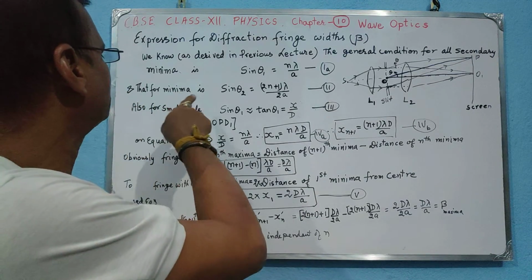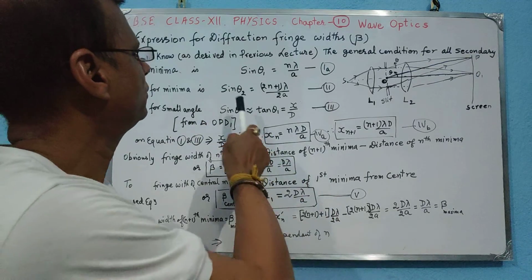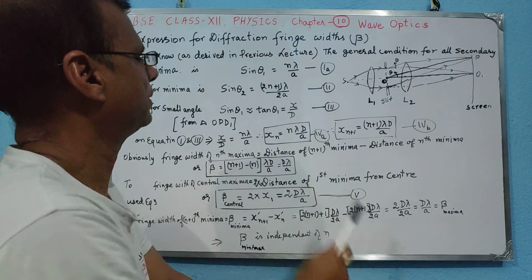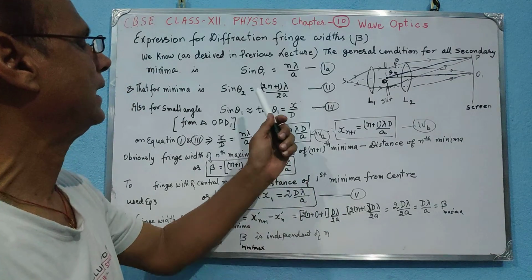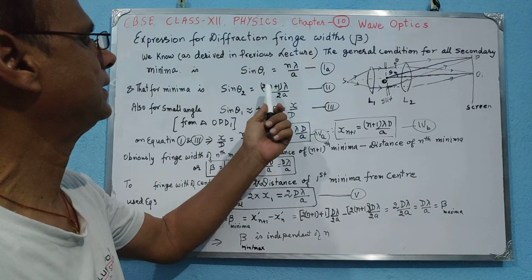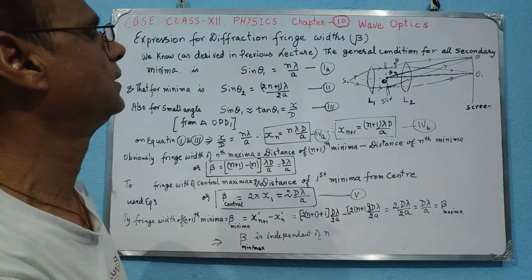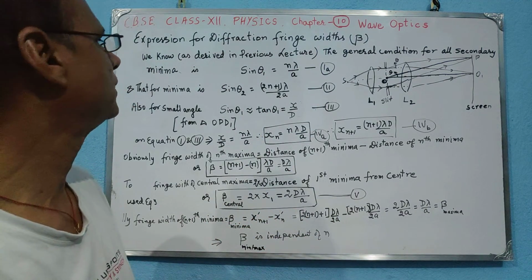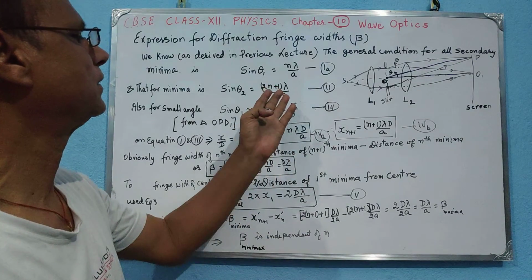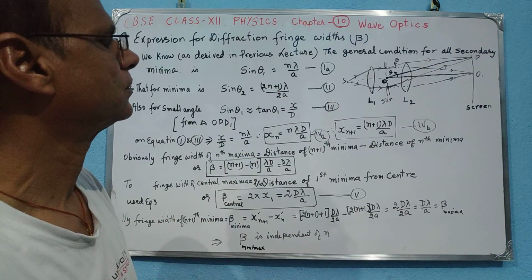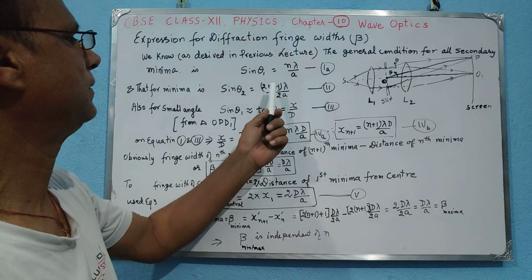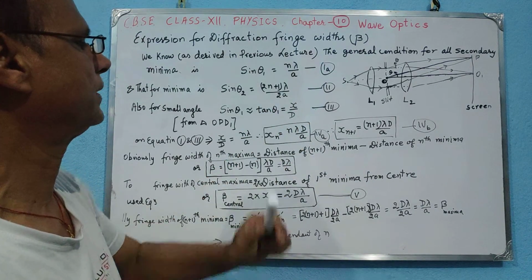And for maxima we also derived that sin theta was equal to (2n plus 1) lambda by 2a, where n is an integer and it refers to the number of the secondary maxima which we are addressing, and accordingly we place the value of n equal to 0, 1, 2, 3, etc.